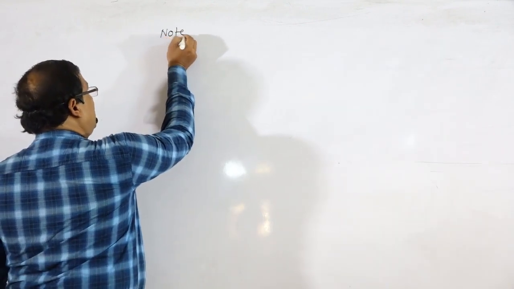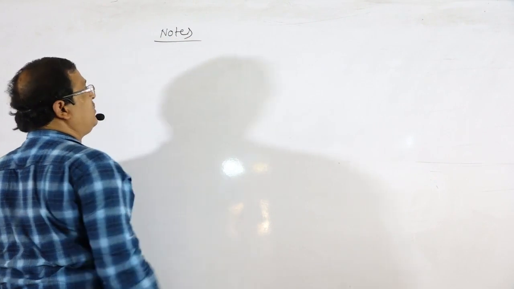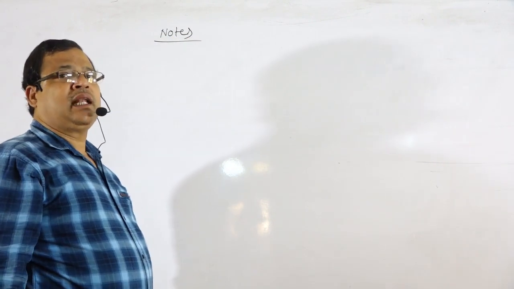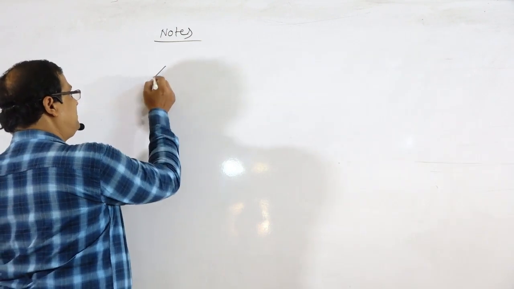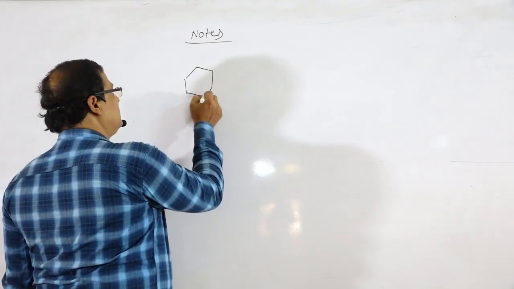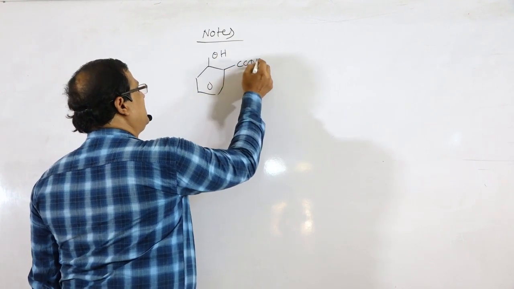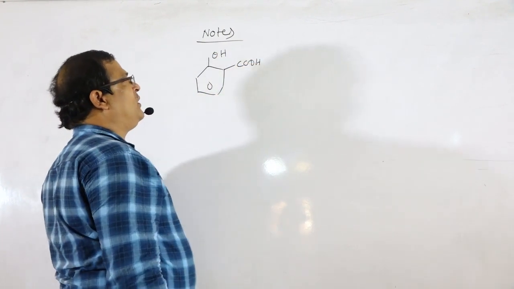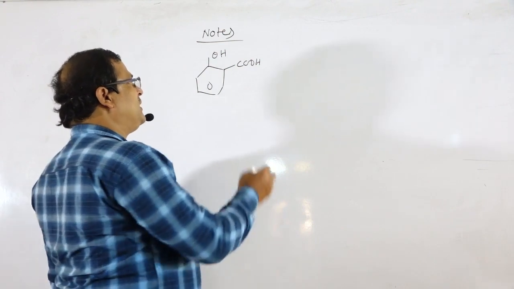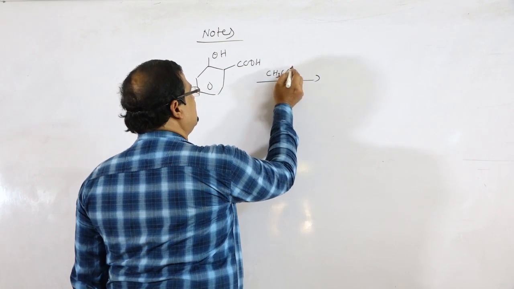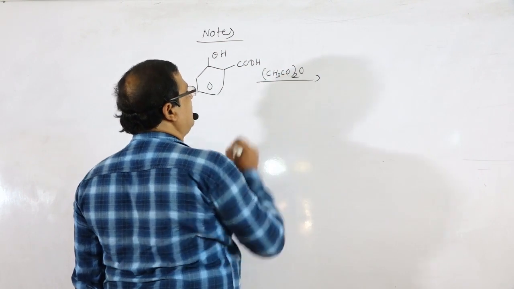Reactions of ortho-hydroxybenzoic acid, that is salicylic acid. This is the formula for ortho-hydroxybenzoic acid. This compound is treated with acetic anhydride. What will happen?